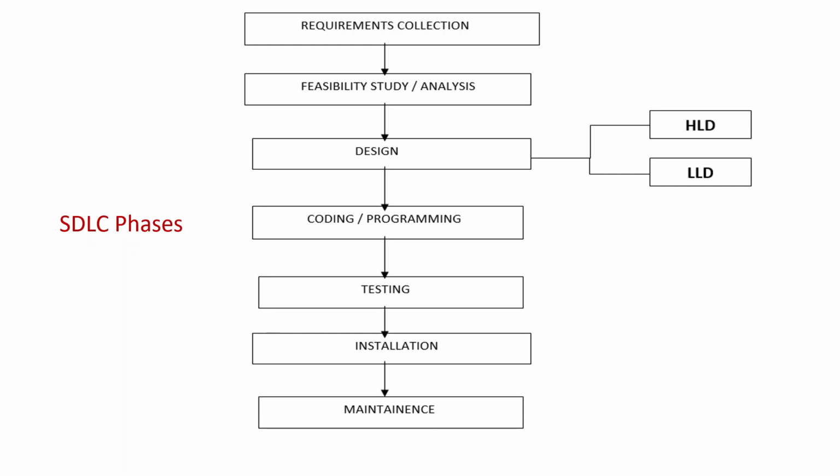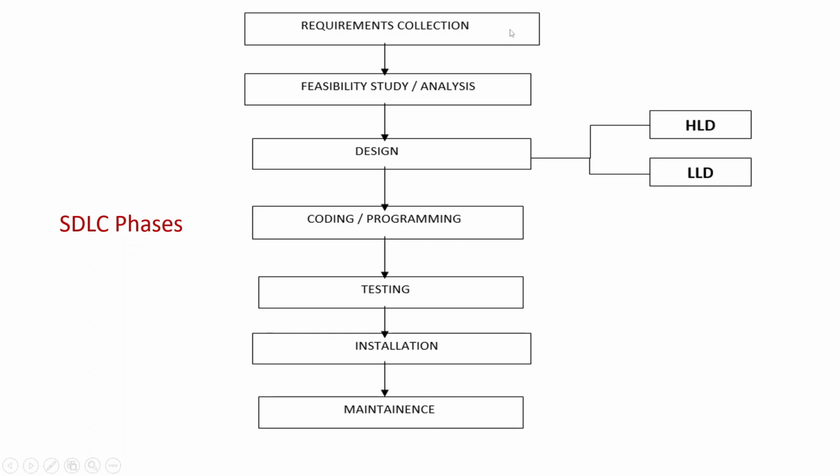The client explains the requirement to the business analyst in this requirement collection phase. This is the first phase of SDLC. After getting the requirement from the customer, the business analyst will document it.